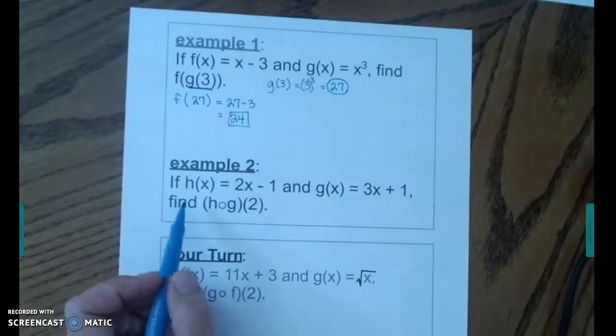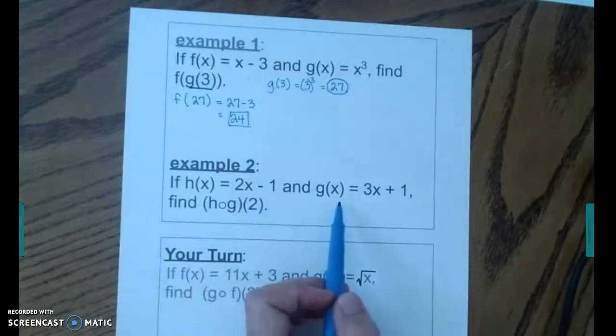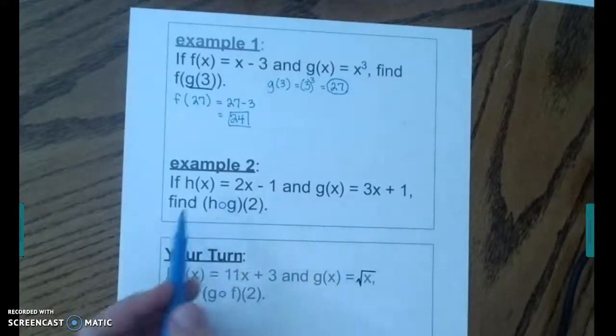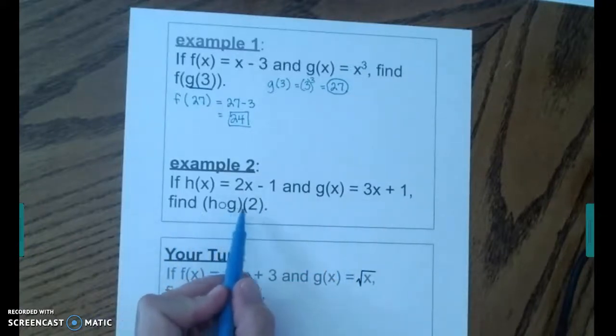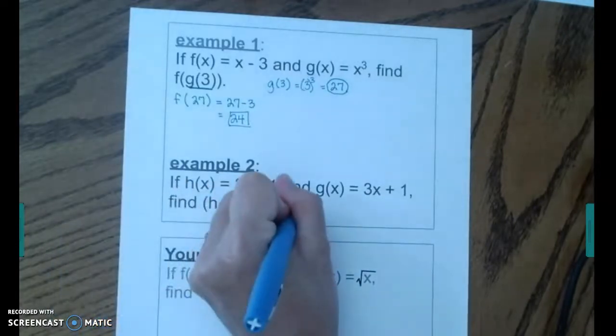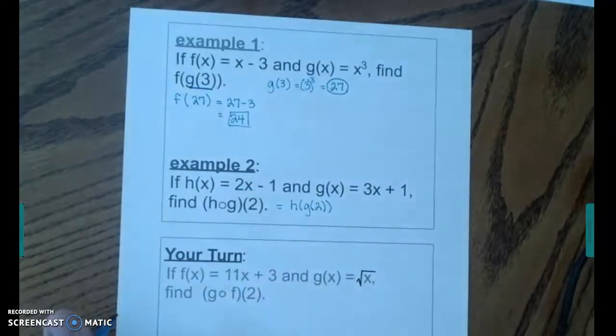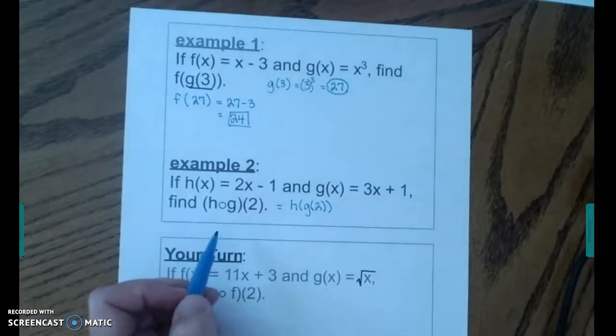Okay, so example 2, we've got h of x equals 2x minus 1 and g of x equals 3x plus 1. Find h of g of 2. So I'm going to rewrite this to say h of g of 2, like that. I think it's less confusing if you write it like that.